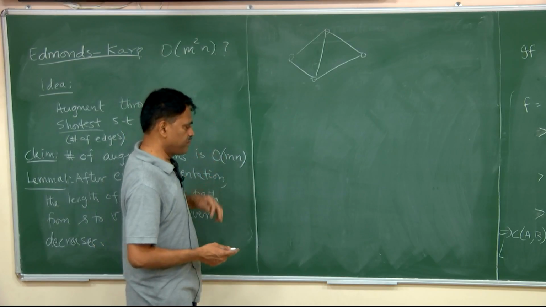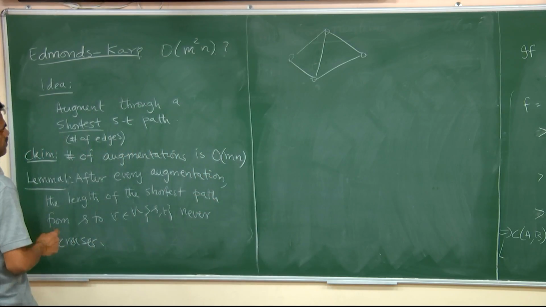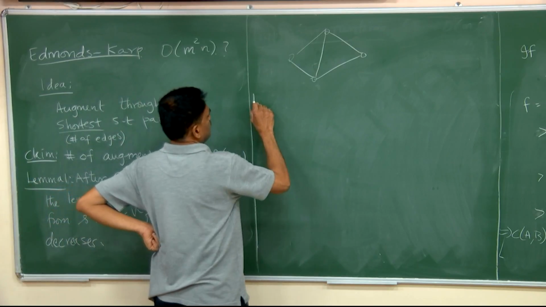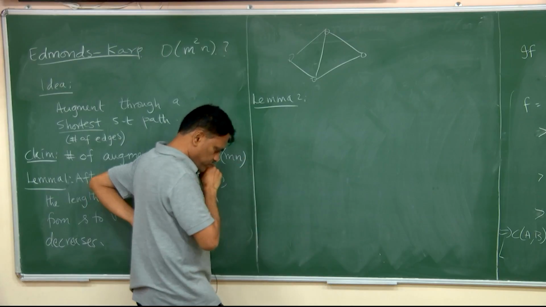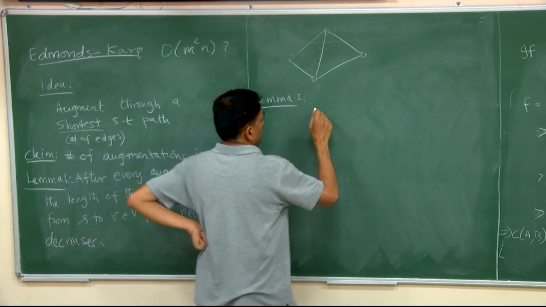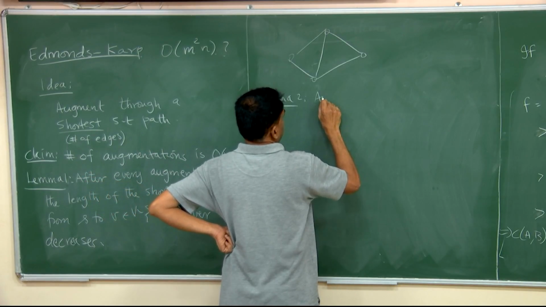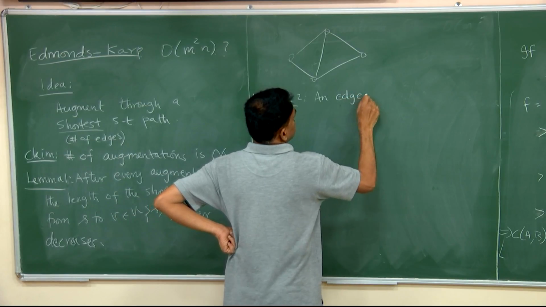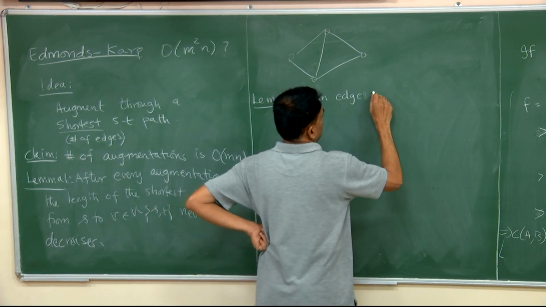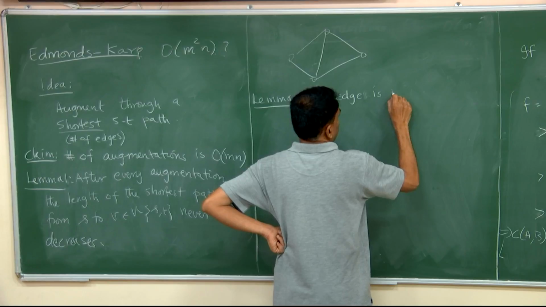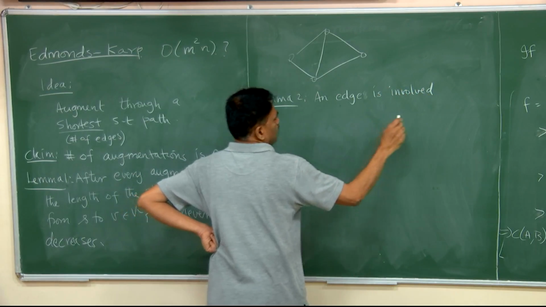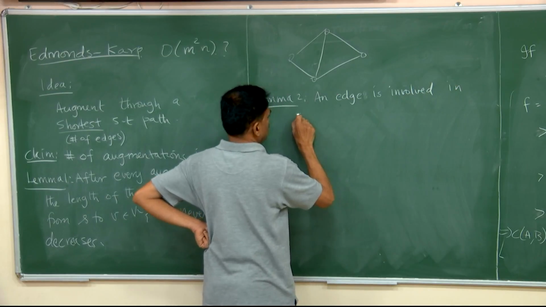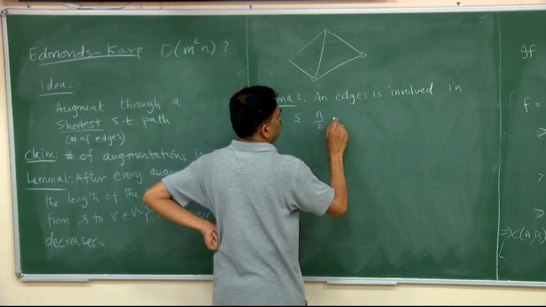But we will argue that if you do shortest path augmentation, an edge is involved in at most n by 2 augmentations.